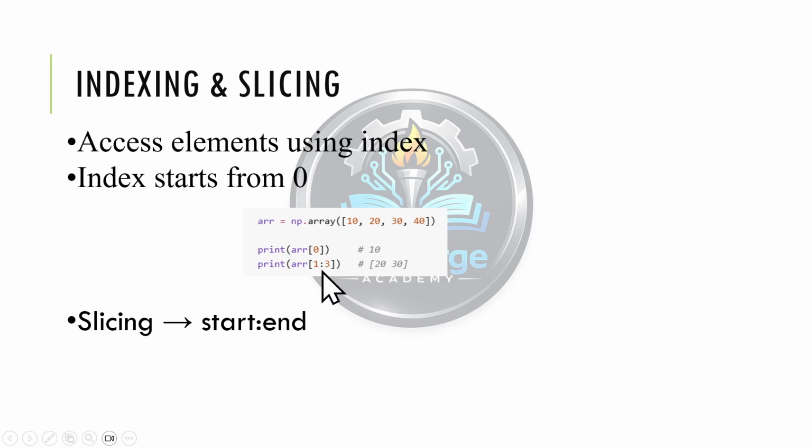For example, array[1:3]. This will return the elements 20 and 30, from index 1 to index 2. This is very useful when working with data sets where we often need to select a specific portion of data.